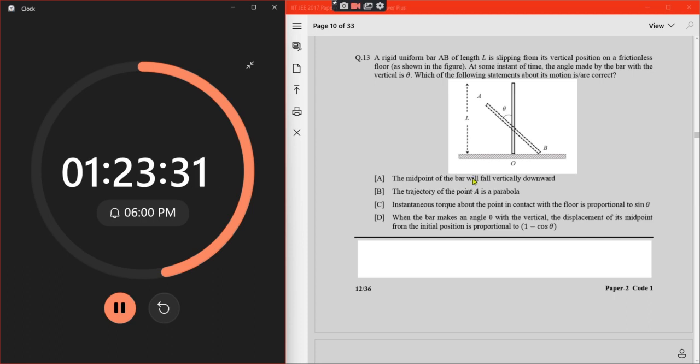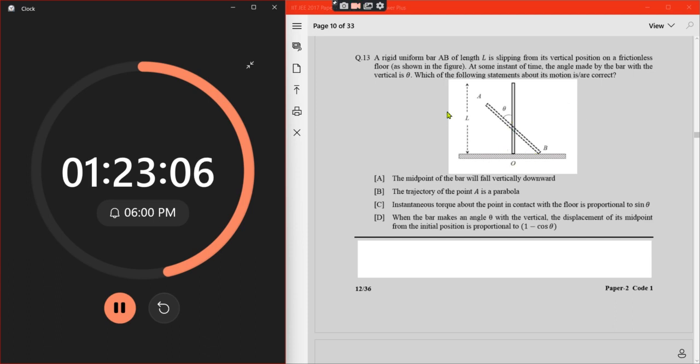Okay, the midpoint of the bar will fall vertically downward. Okay, that's right. The trajectory of the point A, okay, it's not a parabola, it's an ellipse. Now, the torque about the point in contact with the floor is proportional to sine theta. Torque about the point in contact with the floor, this point. About that you just want the torque, right? Torque about center of mass and torque of center of mass. What acts at the center of mass?